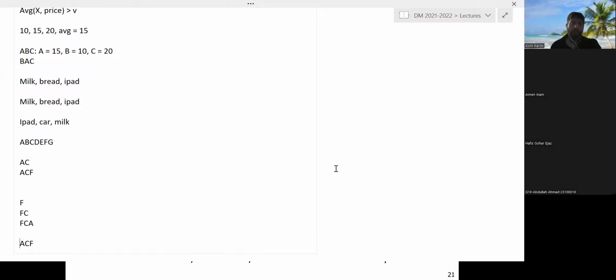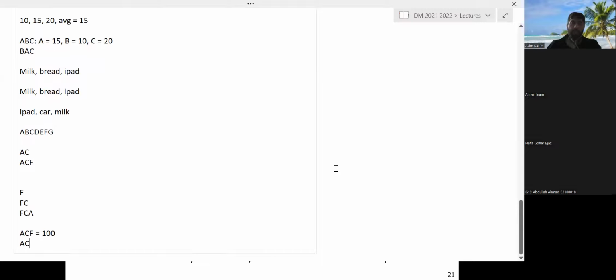Let's take some numbers. Let's say the average of ACF is 100. Then the average of AC, if it is in ascending order, would always be less than or equal to 100.